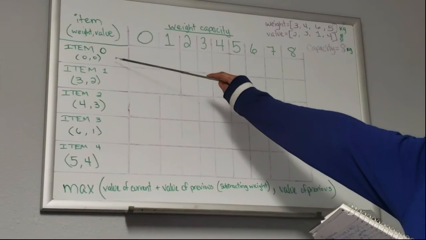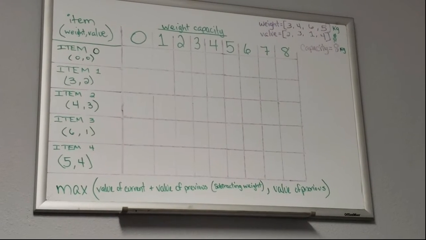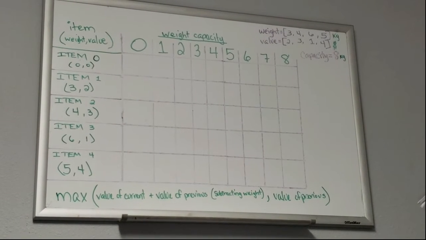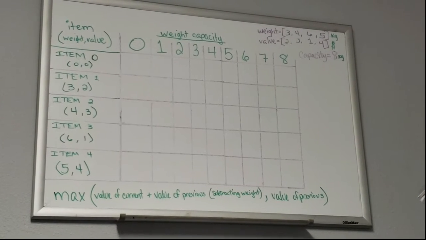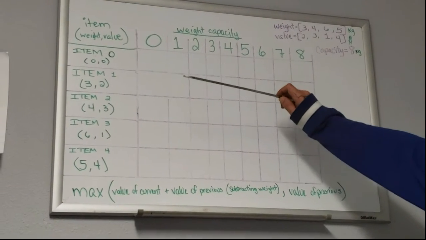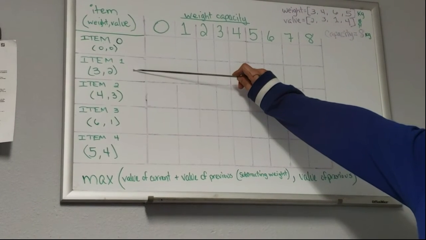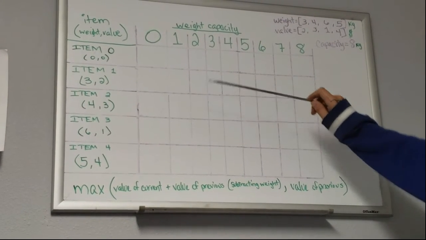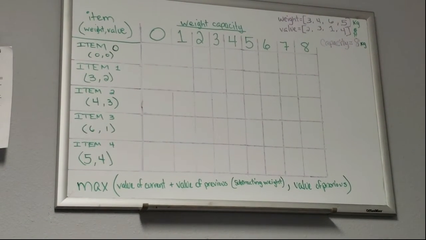Now let's look at the rows here. The margin on the left contains the item number and the data associated with that item. I like it in a tuple form, and make a key in this space so you don't get confused with the order of the tuple. Each row includes the item above. So for item 2 here, we're going to include item 1 and item 0 when we solve our subproblems. Each one of these cells is a subproblem.